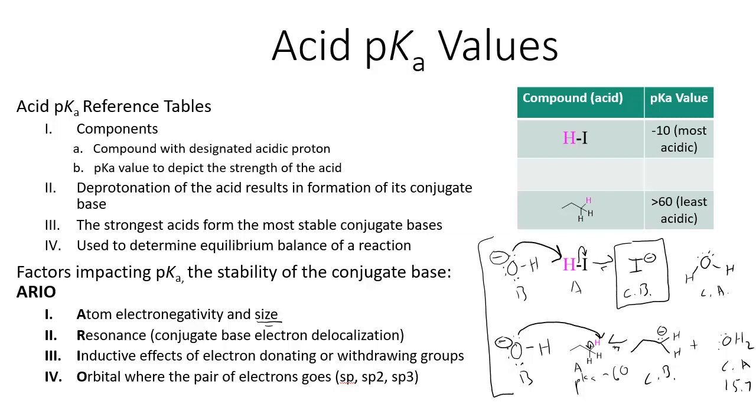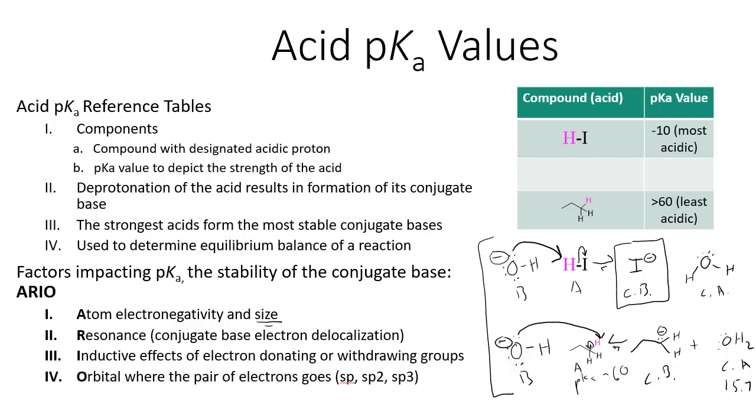There are no electron withdrawing groups on these carbons pulling electron density and stabilizing that negative charge. And the orbital where those electrons go is an sp3 orbital. So that means those electrons are not being held very tight to the atomic nucleus, meaning that those electrons are relatively far from those protons, not allowing any sort of stabilization of our conjugate base.